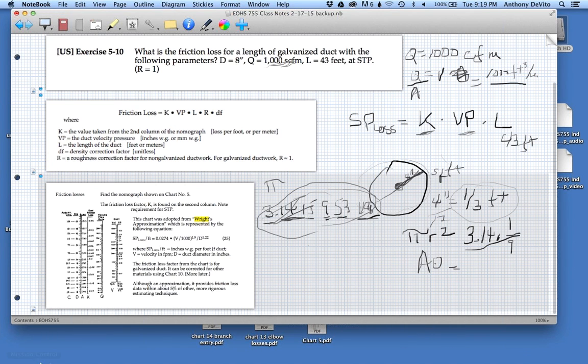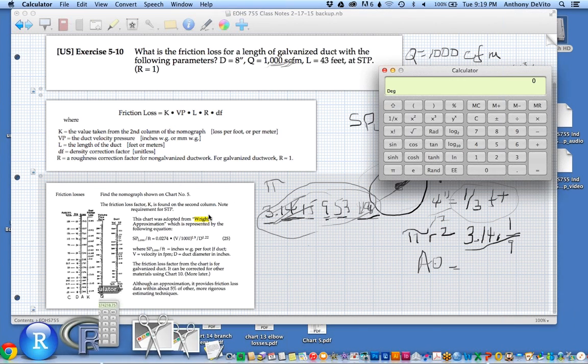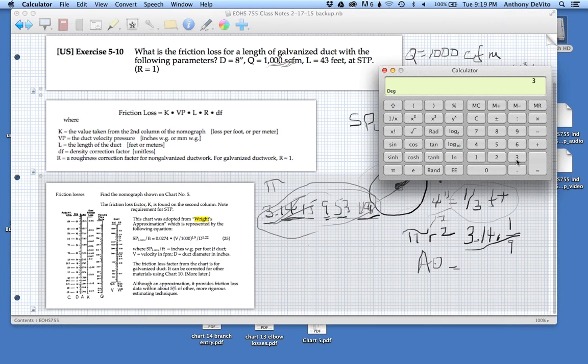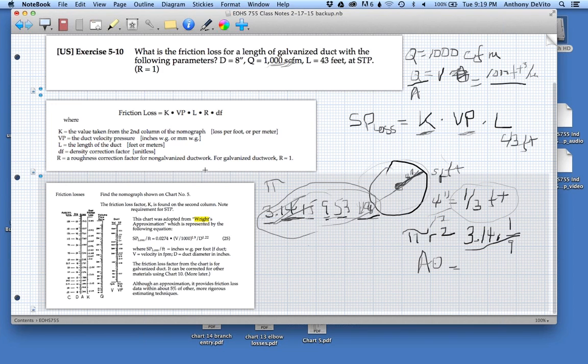If I'm making a mistake here, just throw a comment in there and I'll go back. It's easy for me to make mistakes when I am doing this quickly. That is 0.35 square feet. That's our cross-sectional area.